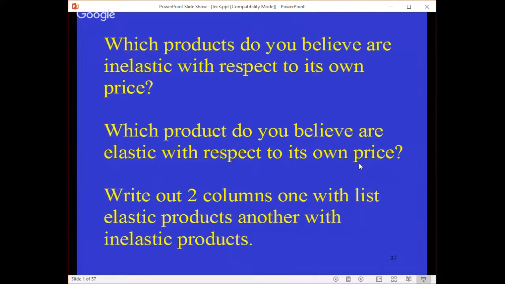Clothes? Perfect. We wear our clothes a little longer, more faded pants, instead of going to the store and buying new ones.